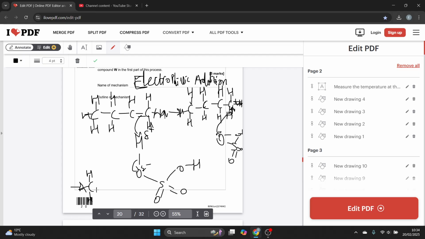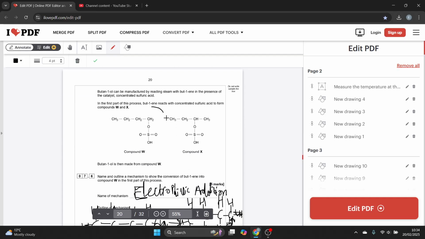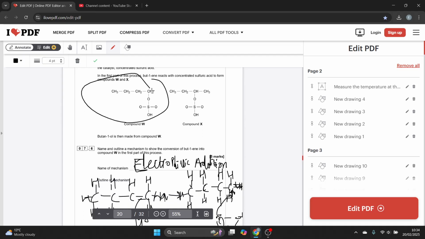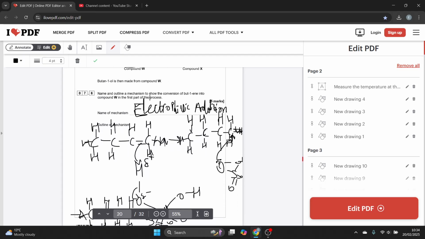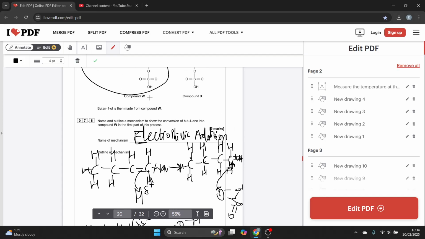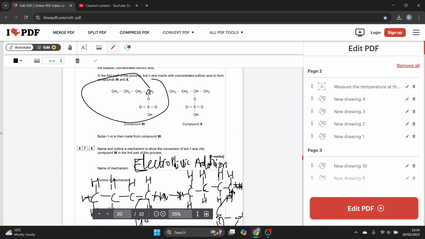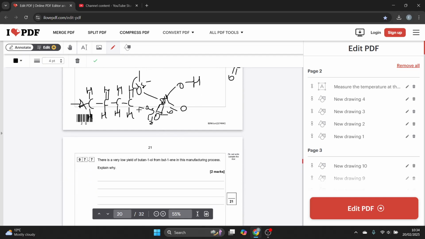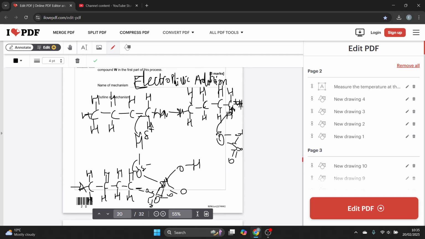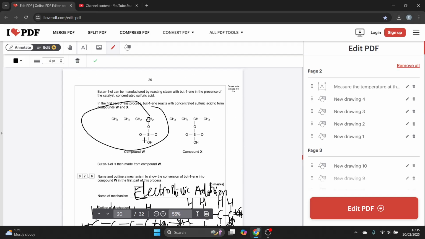So CH3, CH2, CH2, CH2, O, S double bond OH. That's exactly like this, compound W, and it's attached to the alcohol, to the carbon directly at the end. That's why it needs to be like that. Instead of bonded here, it needs to be here, because you can see that in the diagram.